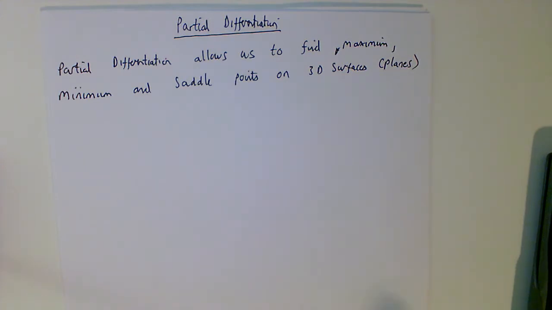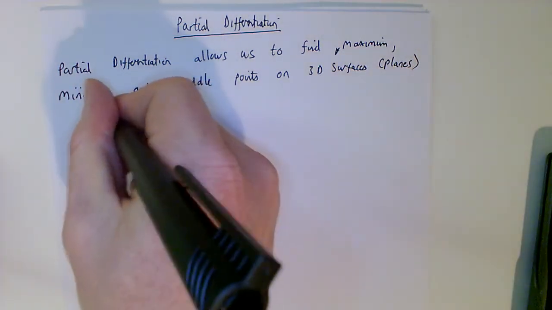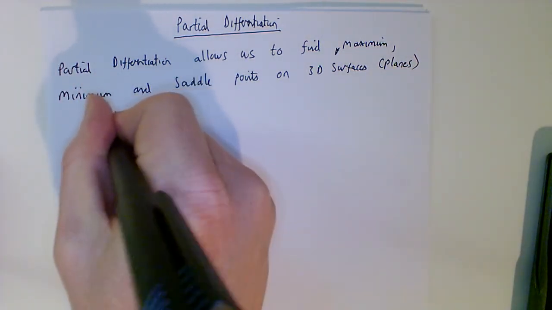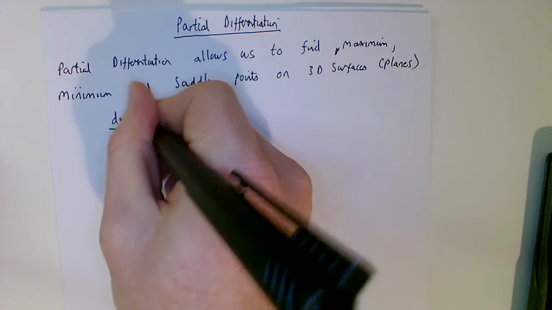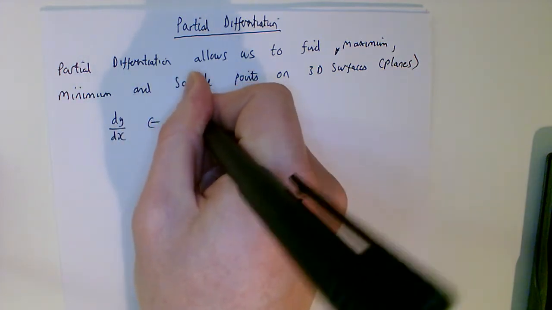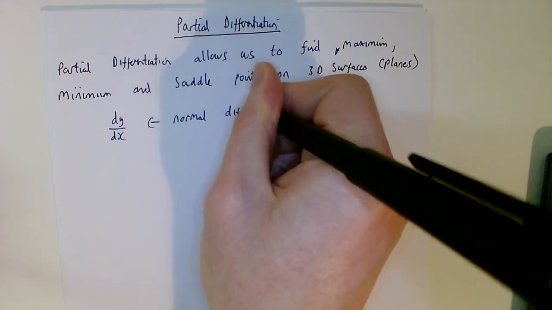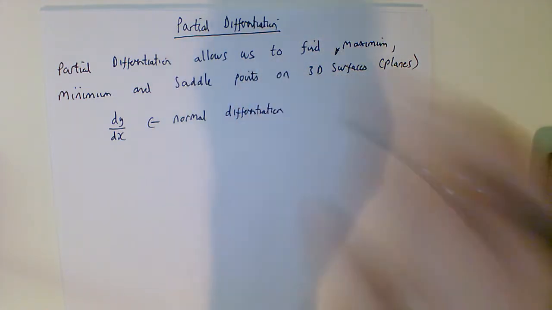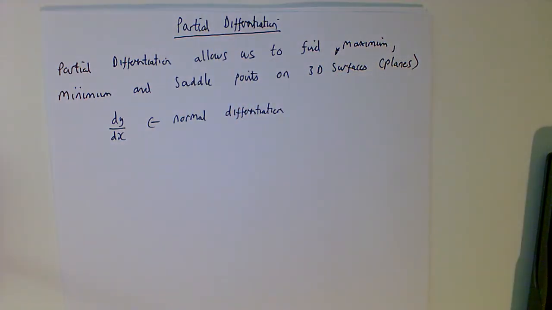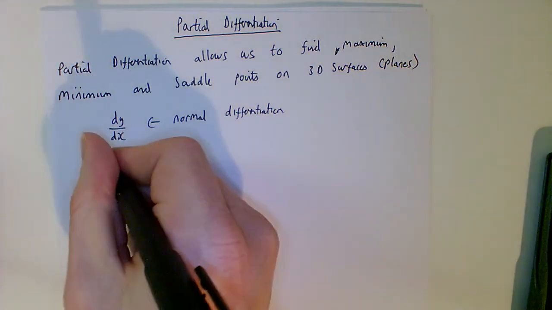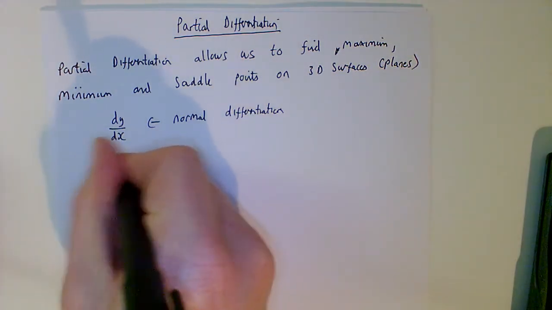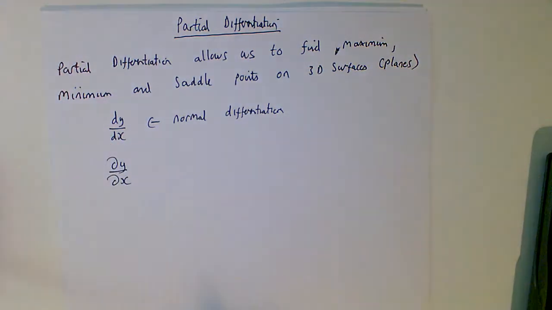Now, normal differentiation, we write is just dy by dx. Normal differentiation, just like that. Now, partial differentiation or partial derivatives, we use a curly d like that.